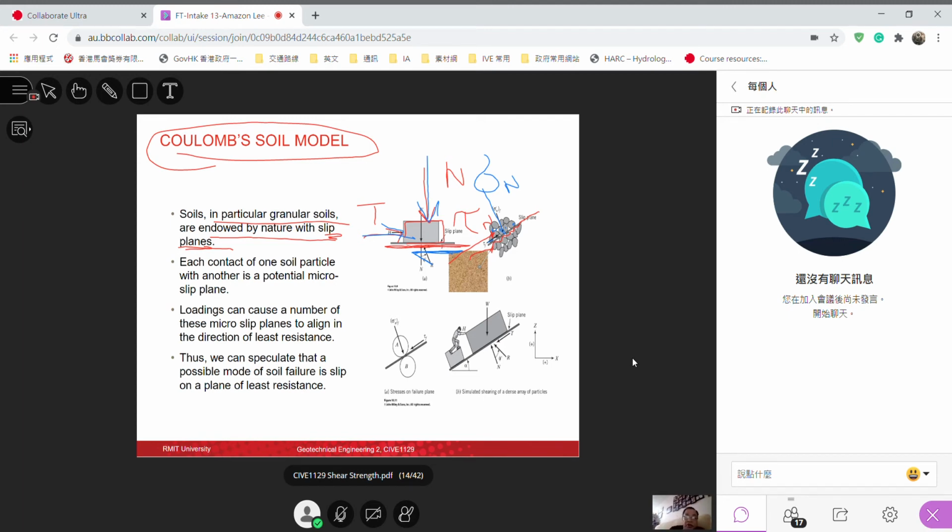Okay, so when these particles start to move across each other, then we will develop what is called a slip plane. It's not a failure plane. It's a slip plane here. We call it a potential slip plane.